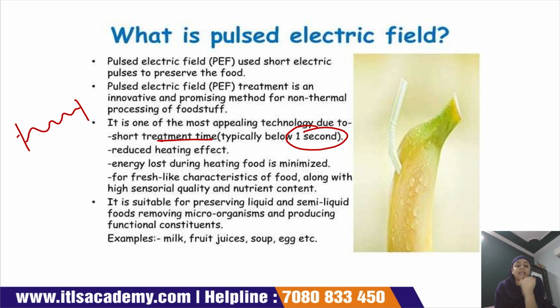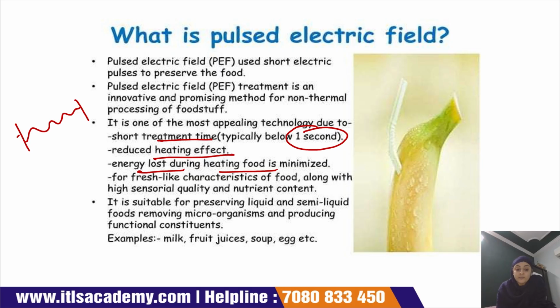It requires a short time and this also reduces the heating effect. When the heating effect is reduced, that's why it comes under the category of non-thermal processing, and it also prevents the energy loss during heating of food.